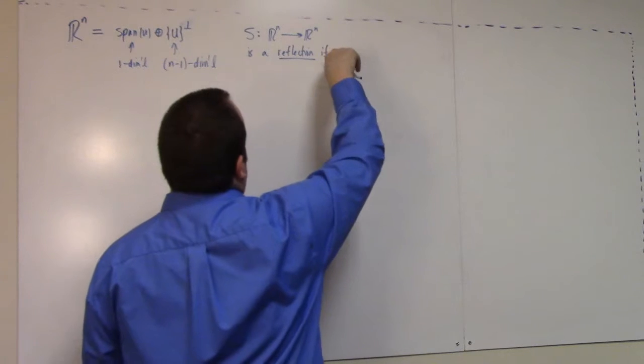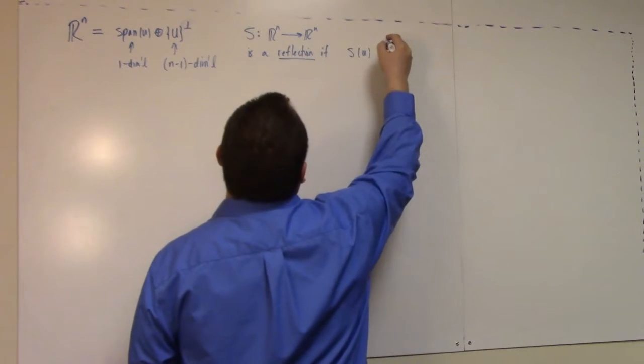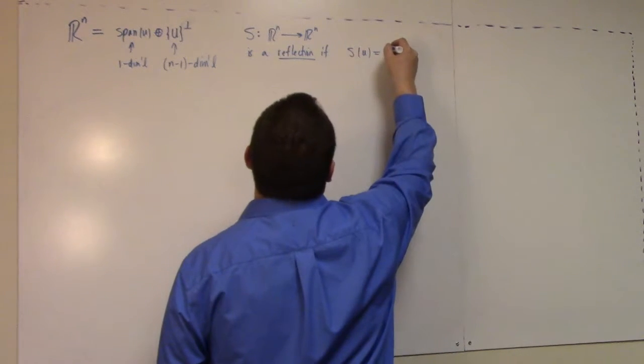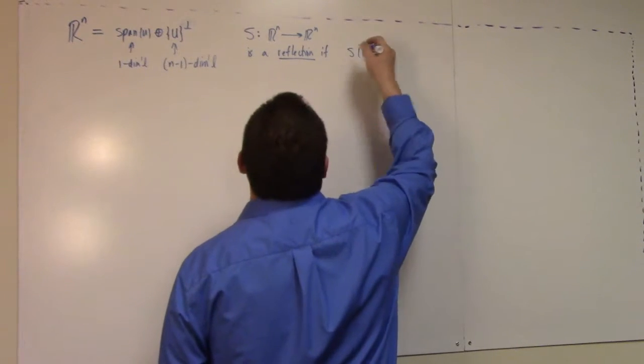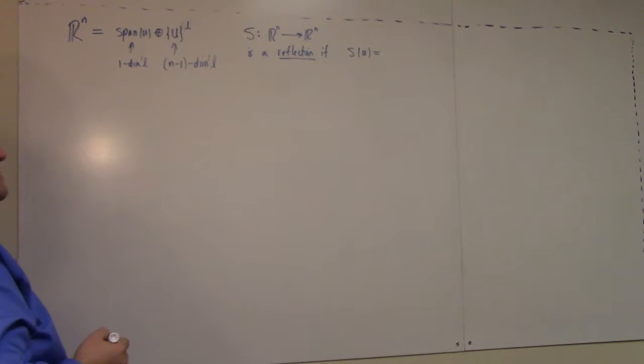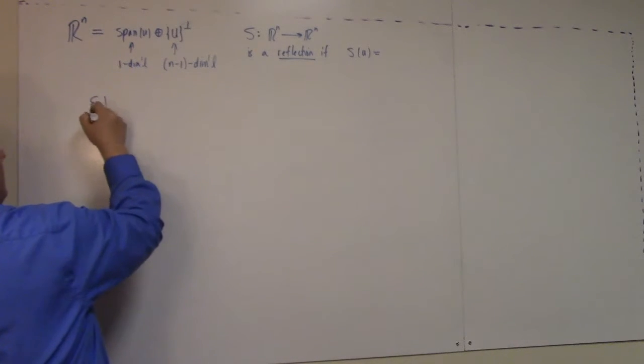So it's a reflection of something like what? Let's say S of U is equal to what? How's it go? Like for a certain hyperplane, there's going to be another point such that they're both equidistant from it.